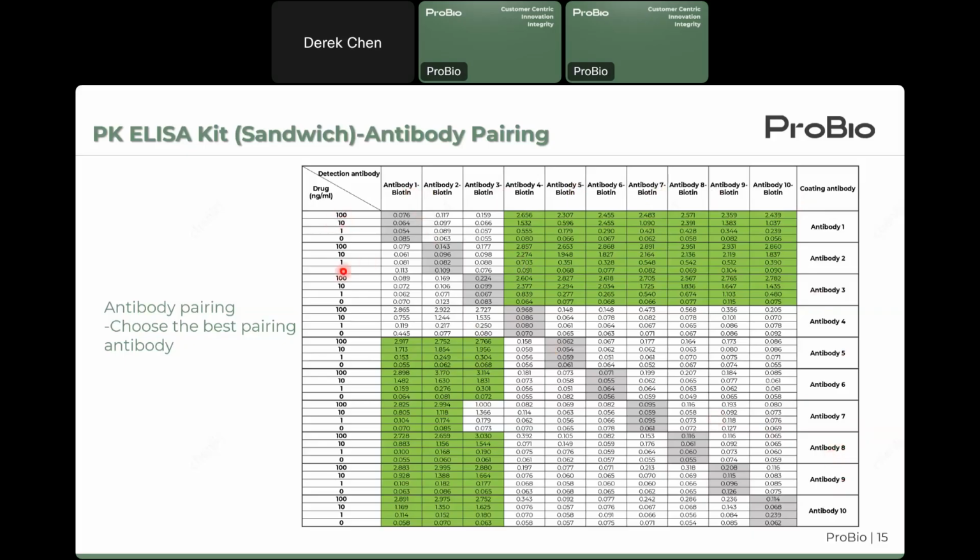And the drug in between is set up as a 4-point serial dilution: 0, 1, 10, and 100 nanograms per milliliter for each pair. Based on this ELISA profile, the pairs with the highest signal at the lowest concentration are considered top picks, as the ones shown here highlighted in green.